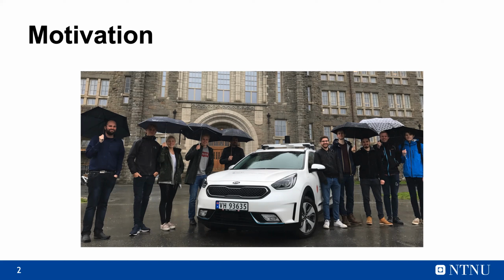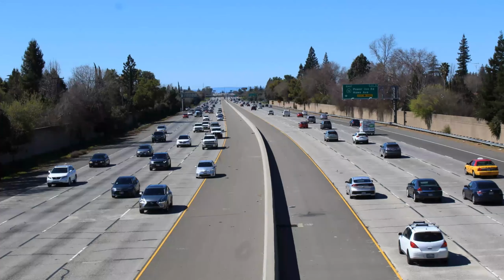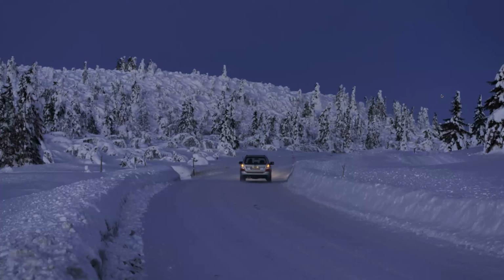One of the challenges that we had when we first started is that most of the open source data that we have is mostly collected in the US or in Germany. And the driving climates there are quite different from what we can see in the winter in Norway. So the main motivation behind this work is that we want to collect data in Trondheim such that we can specialize into Nordic environments.